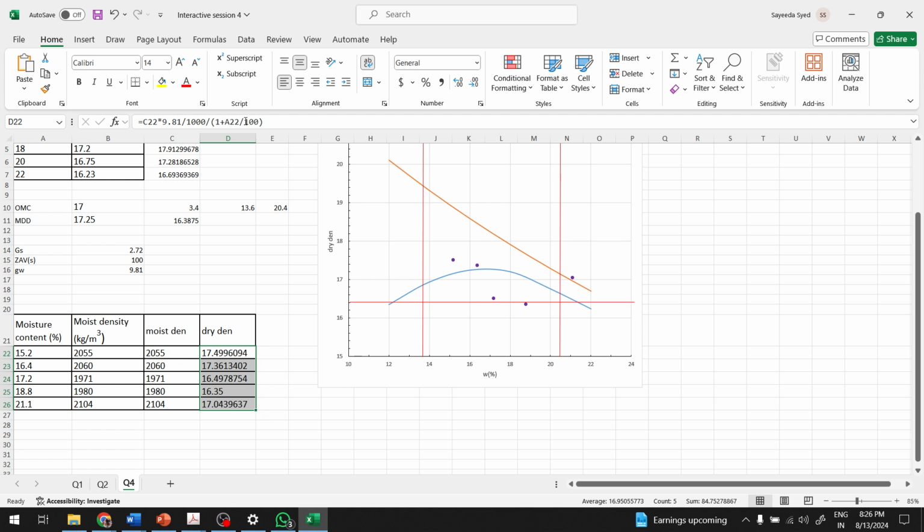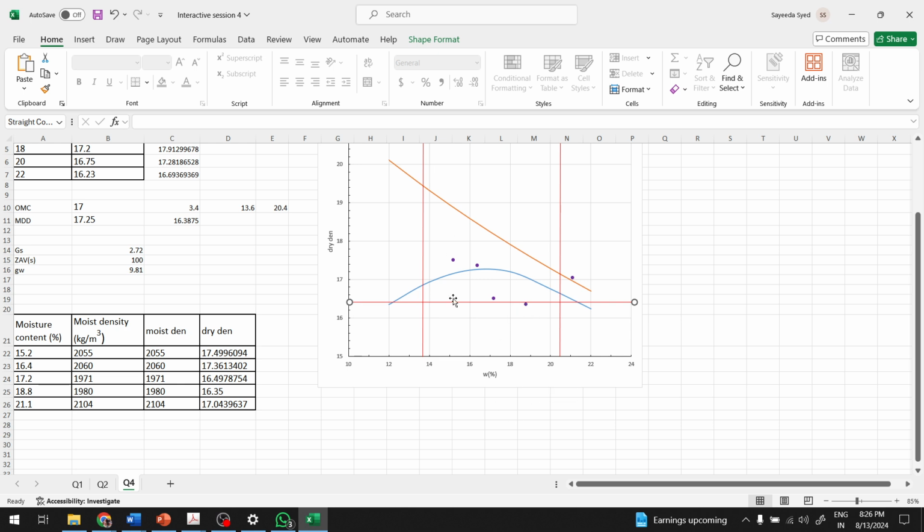So there was a recurring error because of the 9.81 value, and it was getting carried on. That is why we were not getting the correct results. So this is a borderline case, location 3, because it is almost on the 95% density, but location 4 is below the 95% density.